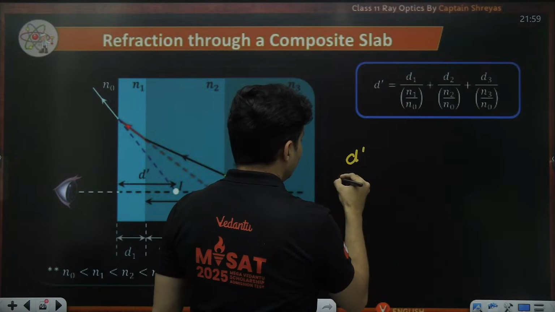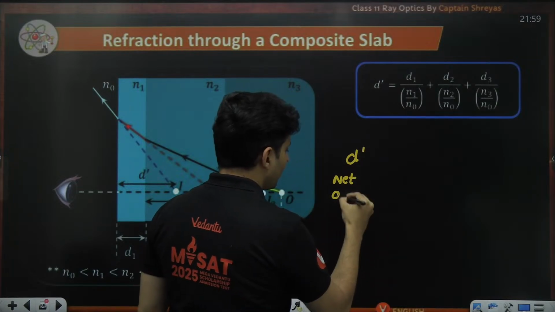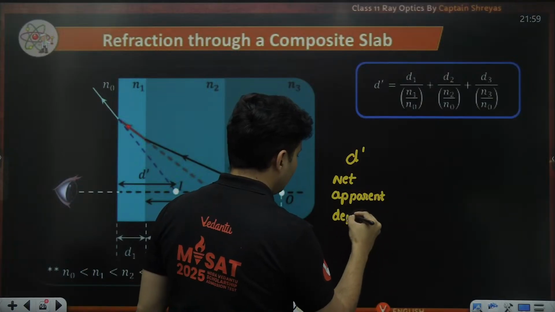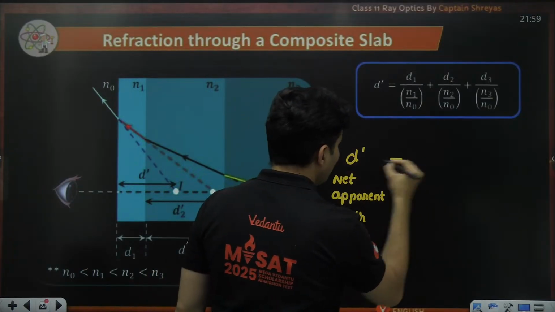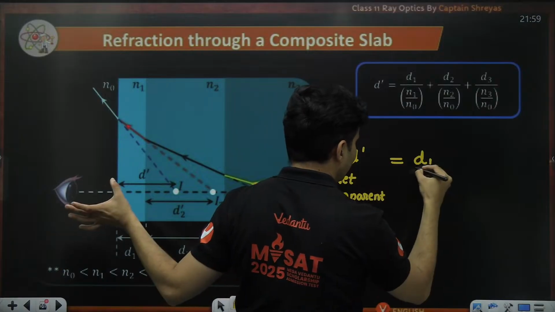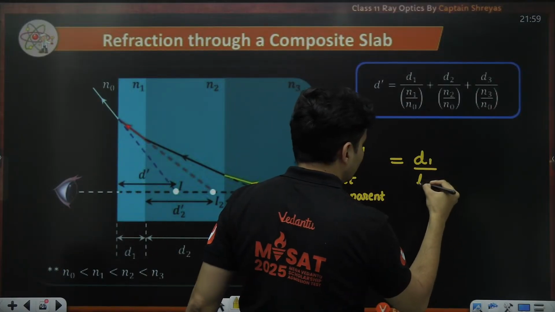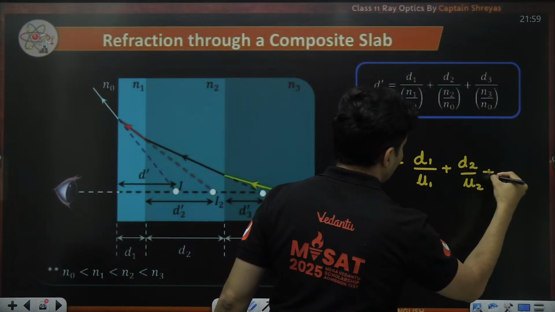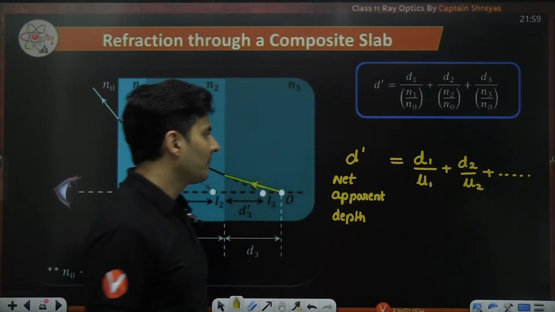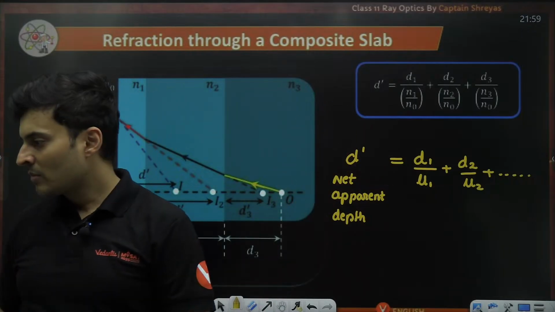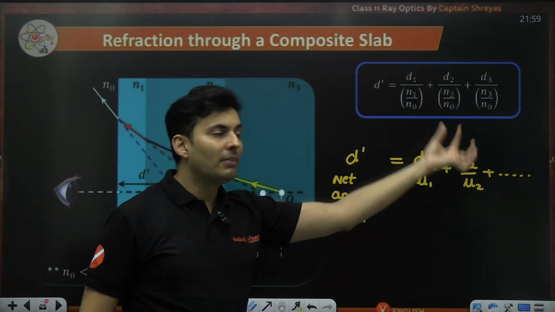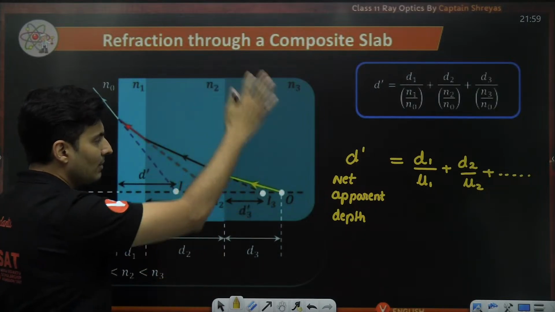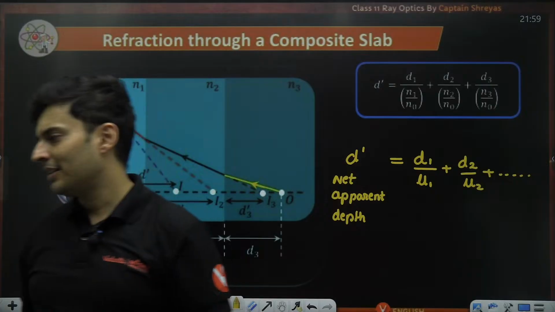So the net apparent depth will be the first layer's actual width upon that refractive index plus second layer's width upon the refractive index, like that, n terms, whatever are there. Just not one term, but multiple terms will come. This d1 by mu1, this d2 by mu2, this d3 by mu3, like that. So as many layers are there. That is the answer.